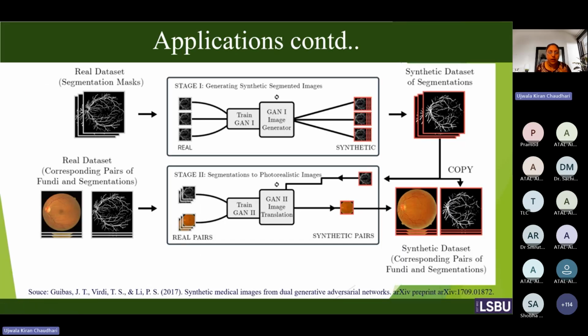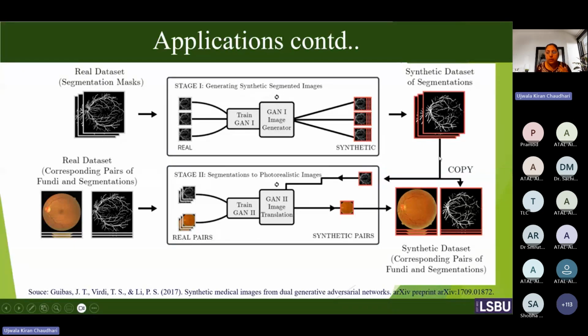This is a workflow I captured from that research work, where the real data set of segmented masks is given as an input, and the generator generates synthetic images of the segmented mask.